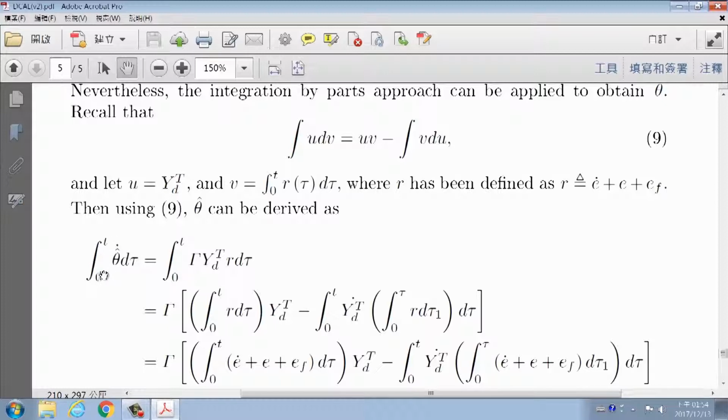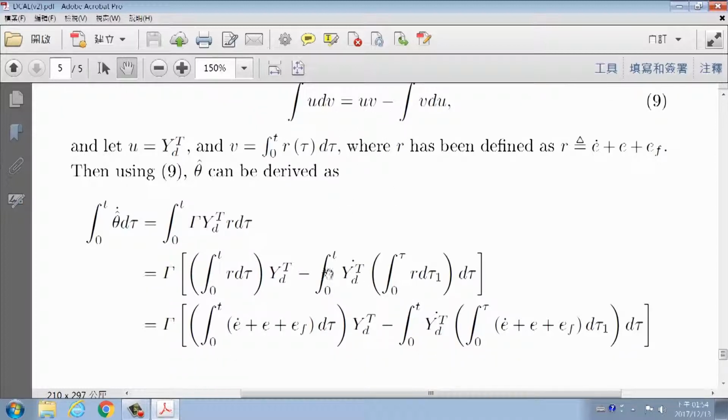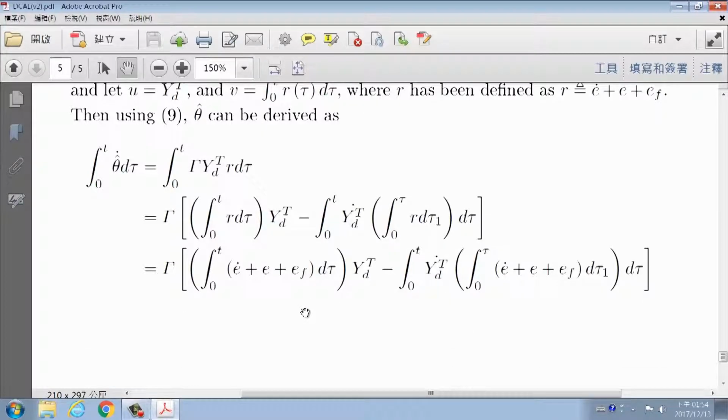You do the integration from 0 to t, and you use integration by parts. You segregate one term into two terms, similar to integration by parts. Then you can find that even if you don't know E dot in R, you still can do the integration.